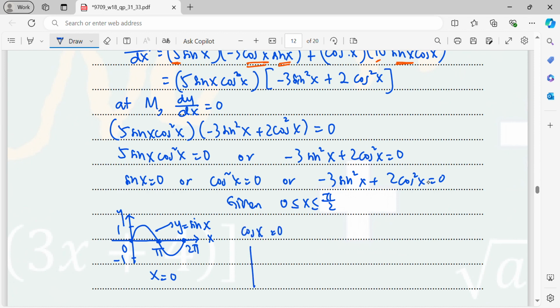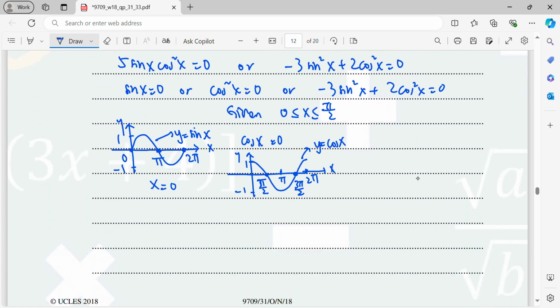So when cos x equals 0, we look at the cos graph. This is cos x.